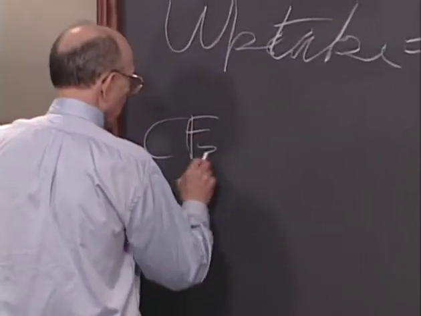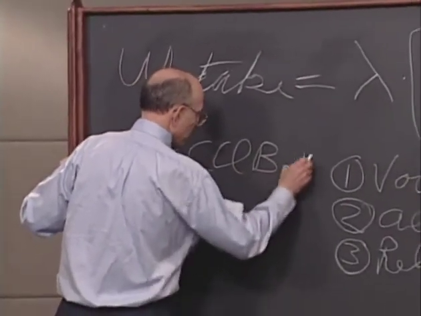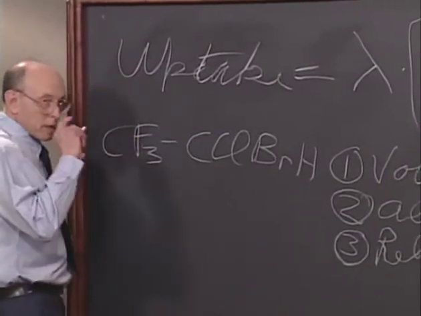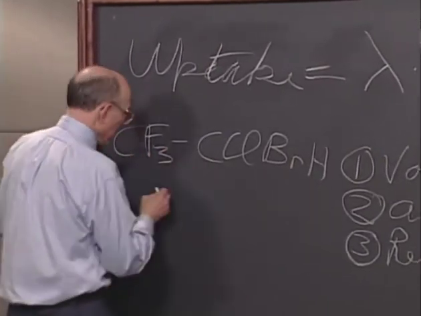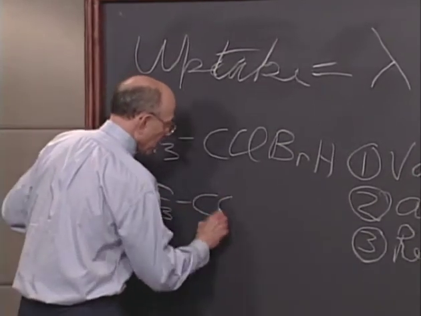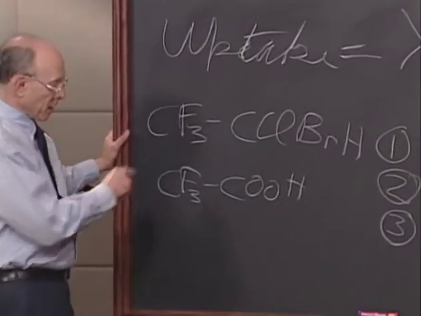You remember that halothane is a compound that is CF3CClBrH, and my friends would put the H over here rather than out there. And when halothane is metabolized, it's metabolized to CF3COOH, trifluoroacetic acid, or some analog of that.